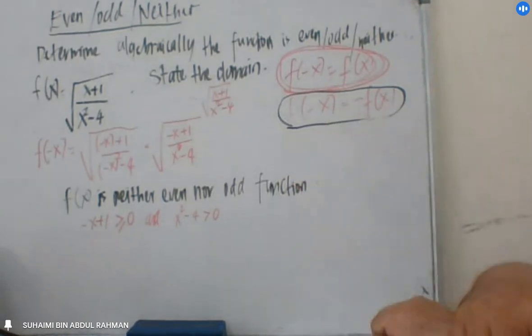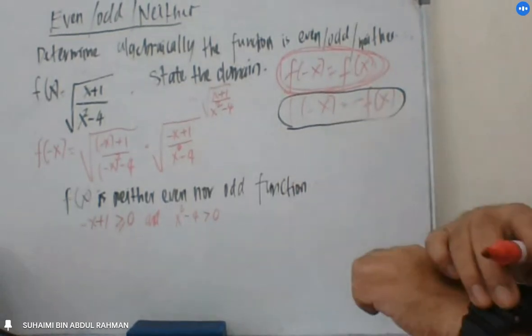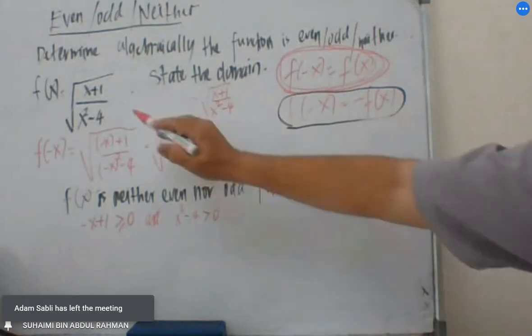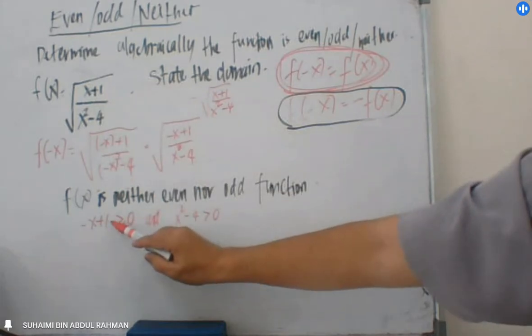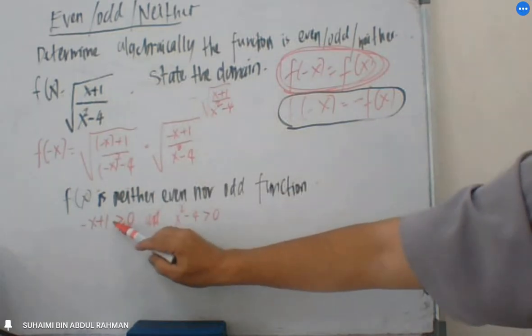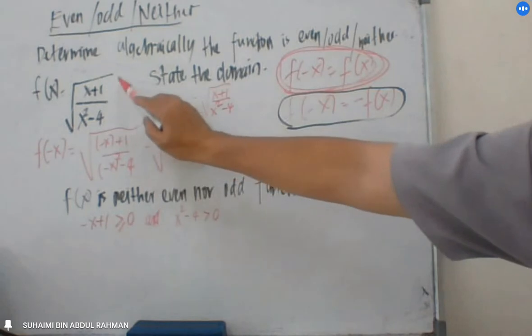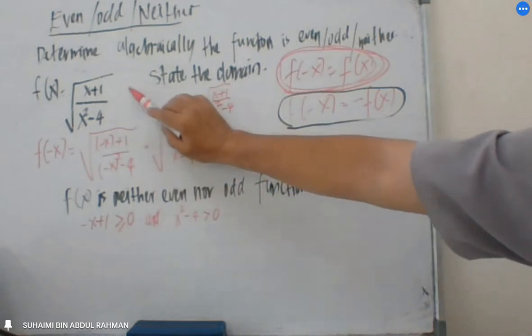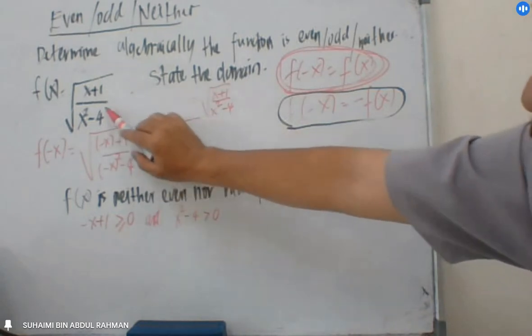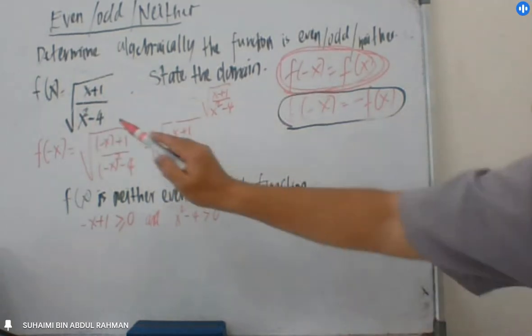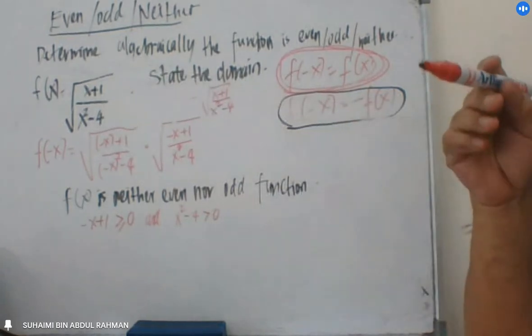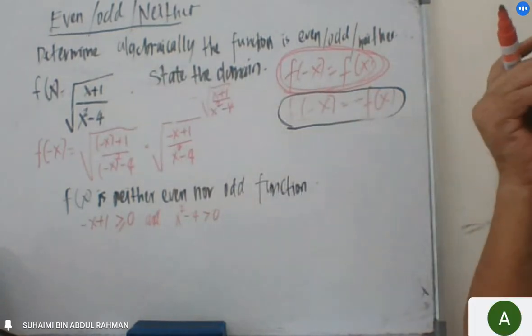Now we're in the process of finding the domain. x plus 1 must be greater than or equal to 0. 0 can be because it is the numerator. But x squared minus 4 must always be greater than 0, cannot be equal, because it is the denominator.